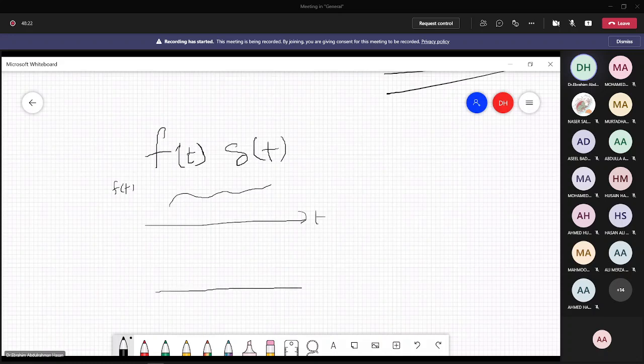So delta t is equal to 0 everywhere, except at 0, where it is equal to infinity with strength equal to 1. So what is the multiplication of these two?